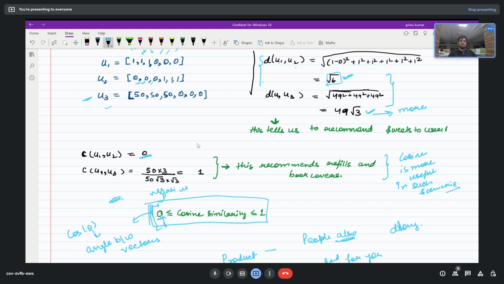And if they are very overlapping, the angle between them is 0, then we'll get 1. So here we can have a small correction. It should be between minus 1 to 1. But if you allow only something like the bag of words example, where you have only positive entries, then it will be between 0 to 1.